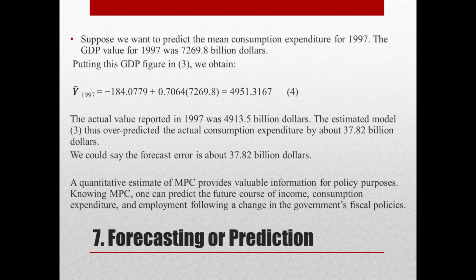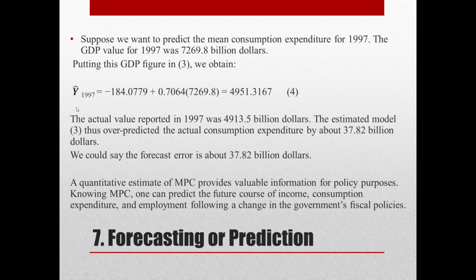To illustrate, suppose we want to predict the mean consumption expenditure for 1997. Since we had the data till 1996, with the estimated model till 1996, we want to predict or forecast the value of the dependent variable for the year 1997, given the value of X, that is GDP, which is $7,269.8 billion.